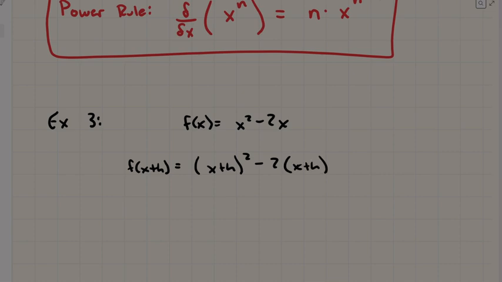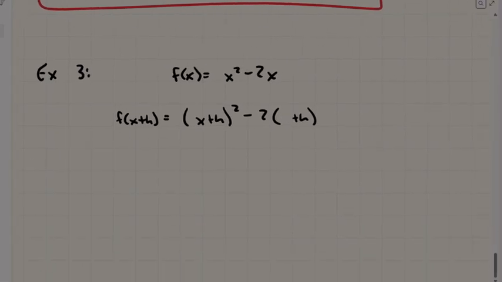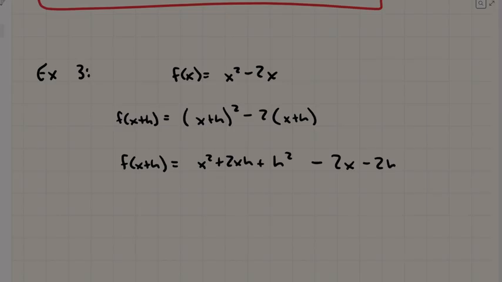All right, then we're just going to clean this up. All right, x plus h squared, remember that's just x squared plus 2xh plus h squared minus, that minus 2 goes on both the x and the h. So minus 2x minus 2h. Okay.